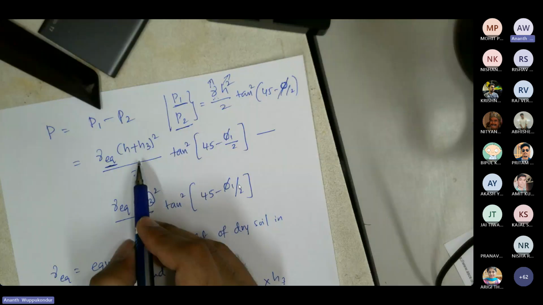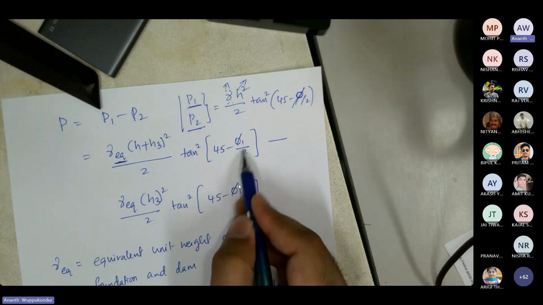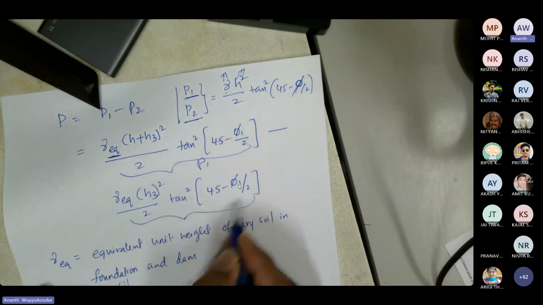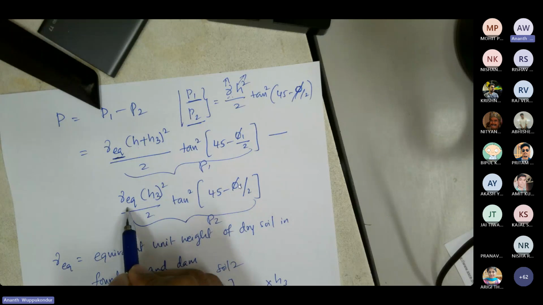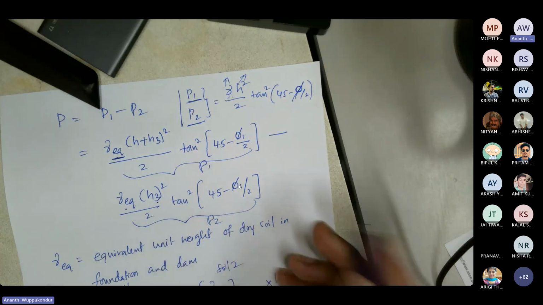So (h plus h3) squared by 2 tan square (45 minus phi1 by 2). And this is P1, and here we have P2, where again we are replacing gamma of the soil by gamma equivalent, and then the height of the soil is h3 in the foundation, multiplied by tan square (45 minus phi1 by 2).